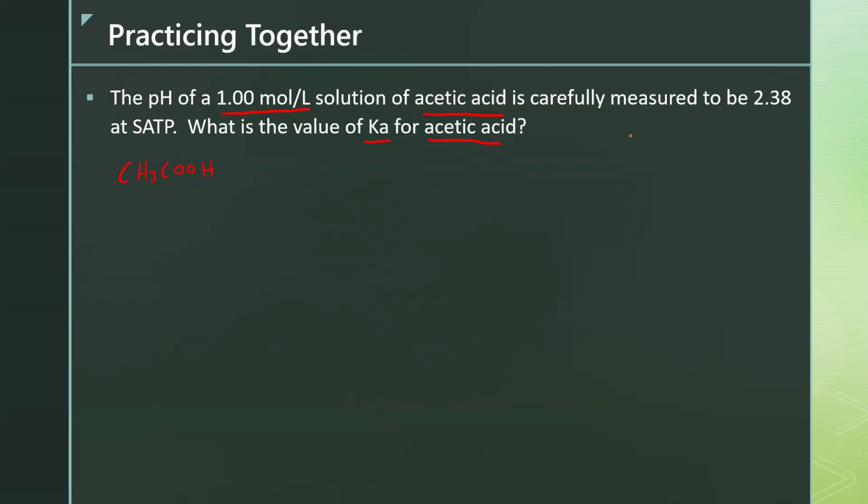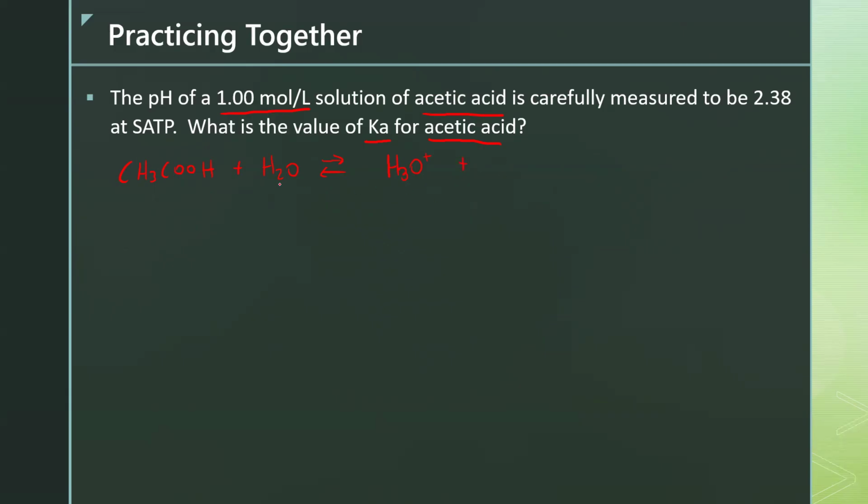And because we're talking about its pH, we need to figure out something about its hydronium ion concentration. To dig that out, we'll draw the equilibrium reaction by adding H2O, doing our double-sided arrow for equilibrium. And of course, since this is an acid, it's going to produce H3O+. That's our hydronium, and we can use that with our pH.